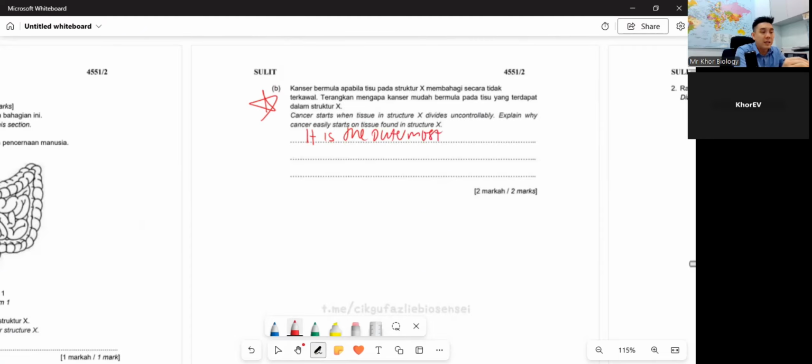Because of that, it is considered to be the first tissue to be exposed to any substance that can cause cancer.